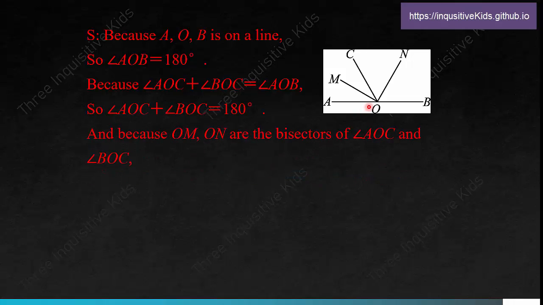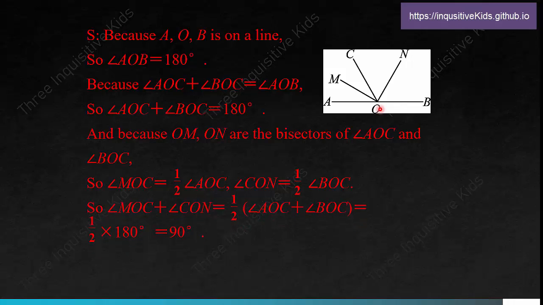And because OM and ON are the bisectors of angle AOC and BOC, angle MOC is equal to 1/2 of angle AOC, and angle CON is equal to 1/2 of angle BOC. So angle MOC plus angle CON is equal to 1/2 of the sum of angle AOC and angle BOC, which is equal to 1/2 of 180 degrees, which is equal to 90 degrees.